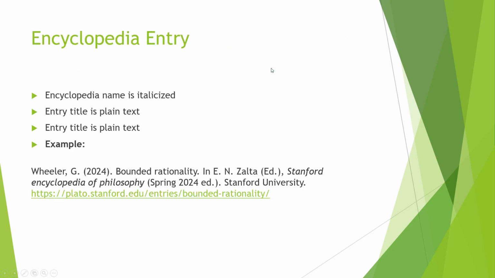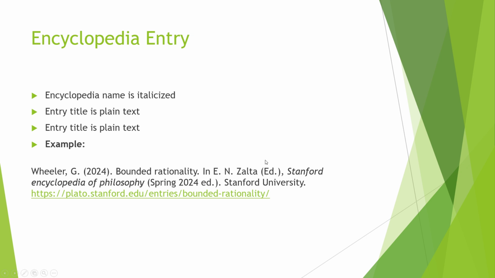An encyclopedia entry. I see a lot of students in finance classes use this because they're getting the definitions of certain terms in finance, or even cybersecurity classes. So here's what's interesting about this. We have the author, the entry was Bounded Rationality.